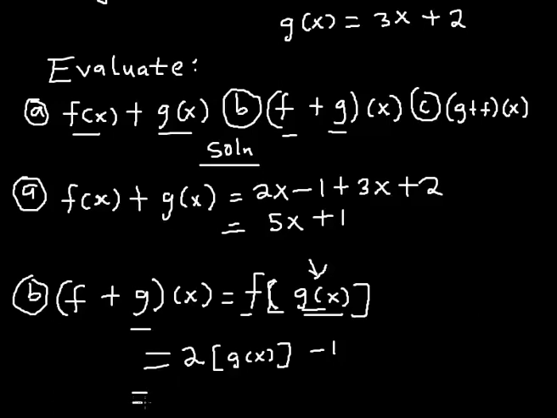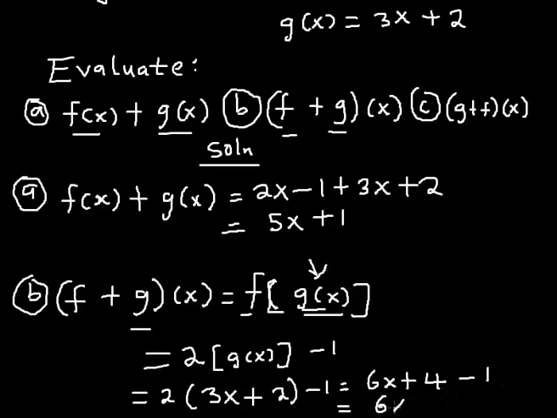This is going to be equal to 2g of x, and of course my g of x is 3x plus 2, then minus 1. Open this bracket, this is going to be 6x plus 4, then minus 1. So 4 minus 1 is 3. That's going to be 6x plus 3. As simple as that.